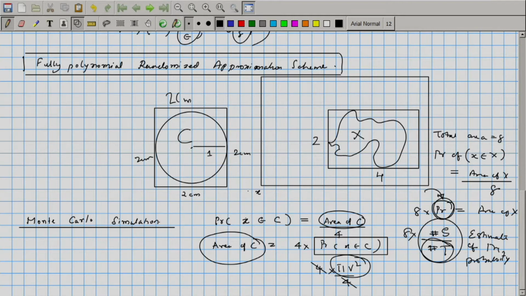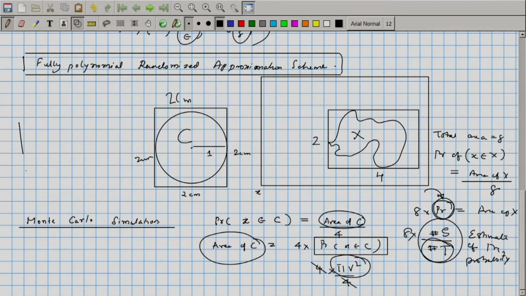If you were to get, let us say, a reasonable approximation, to increase the accuracy, it is best that the area which is holding this particular region is as close to the actual area as possible. Okay. So, that will give better and better bounds on the number of trials that we have to do.